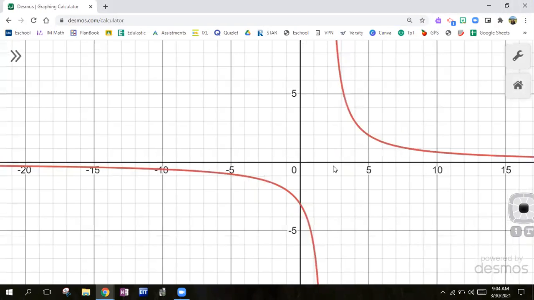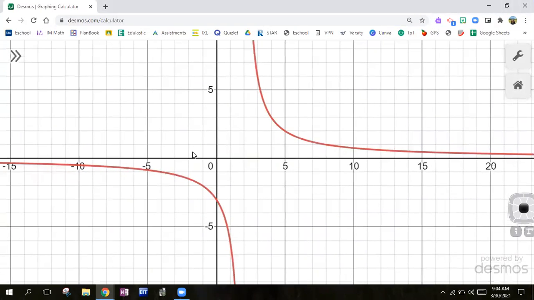All right, what do you notice about my function? It's the red part of it. What do we notice about the function? It goes crazily. It's not a straight line. It's not even one curved line. It's mirrored. It's split in 2.